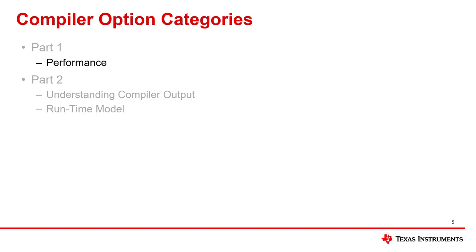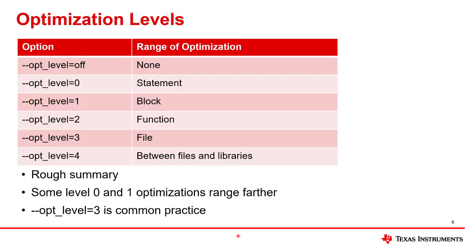Now the video focuses on compiler options related to performance. The most important of the performance options is --opt_level. It takes an argument. What these arguments mean to opt_level is how much of the input program, the input file, should be considered at a single time in order to make optimization decisions.